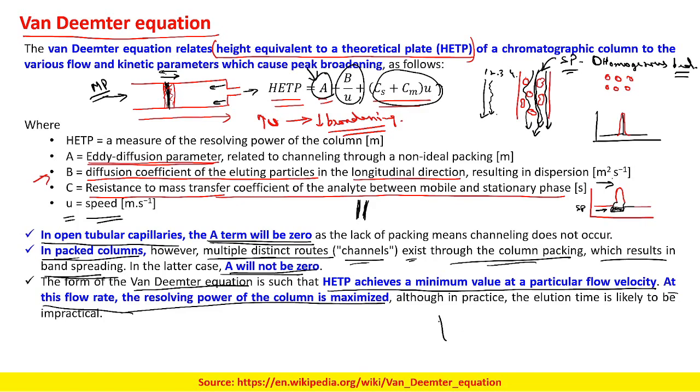So if you plot HETP versus the velocity of the mobile phase, initially it will be very high, then it will move to a minimum point, and after the minimum point it will again increase.